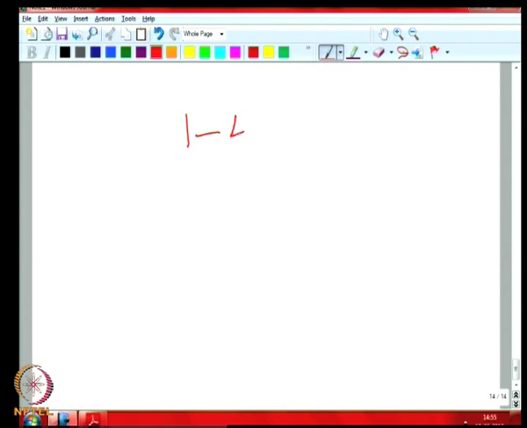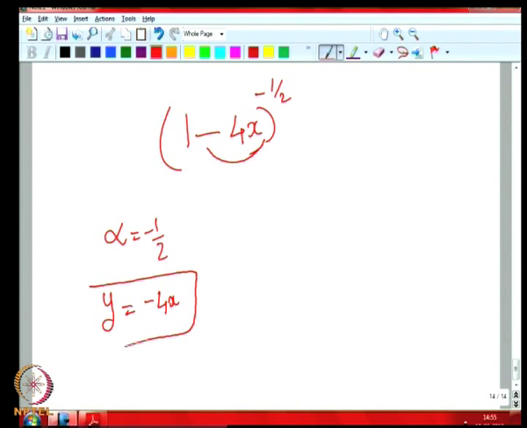One minus 4x to the power minus half, this is what we want. Here alpha equal to minus half, and we can substitute say y equal to minus 4x, this is what I was trying to tell, and then we have 1 minus y to the power minus half. How will it look?